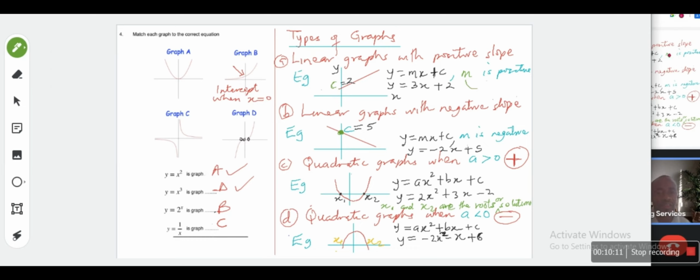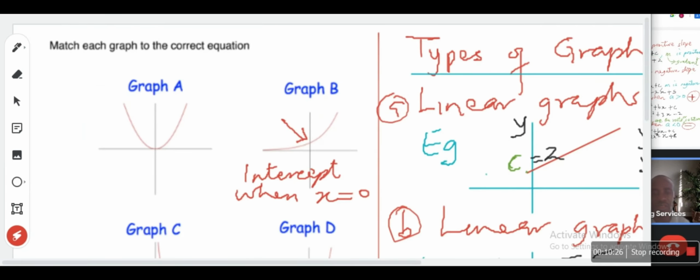In this case, the gradient is positive because it's sloping upwards. An example is y equal to 3x plus 2. I can zoom this in a bit.